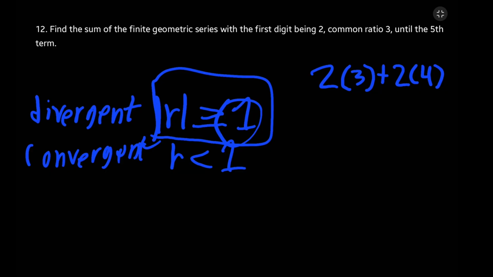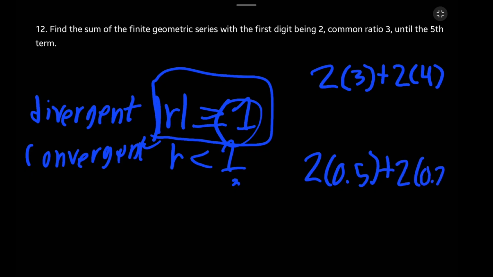It'll be astronomical. If you add them all up, it'll be extremely large. However, if your common ratio is less than 1, let's say 2 and 0.5 plus 2 and 0.25, it actually decreases in value. So eventually down the line, it will converge into a singular value, meaning it won't end up at infinity.